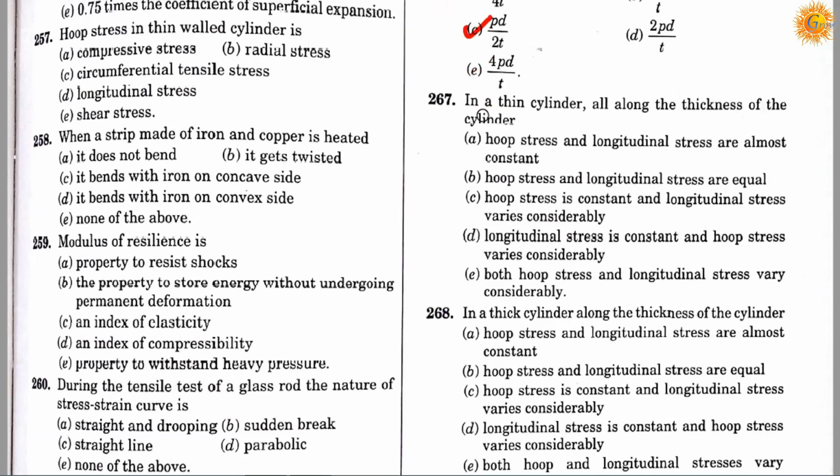Question number 267. In a thin cylinder, all along the thickness of the cylinder: option A, hoop stress and longitudinal stress are almost constant; option B, hoop stress and longitudinal stress are equal; option C, hoop stress is constant and longitudinal stress varies considerably; option D, longitudinal stress is constant and hoop stress varies considerably; option E, both hoop stress and longitudinal stress vary considerably.